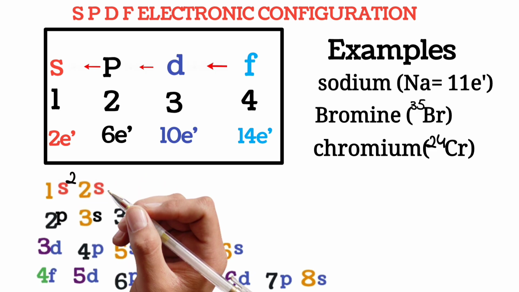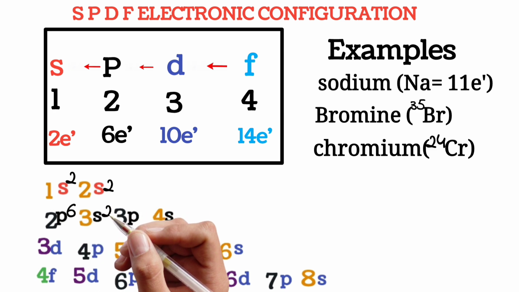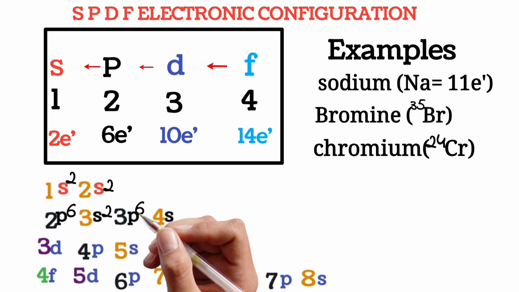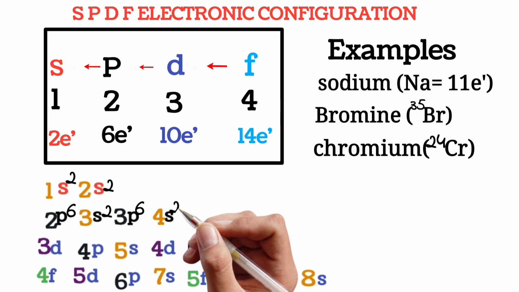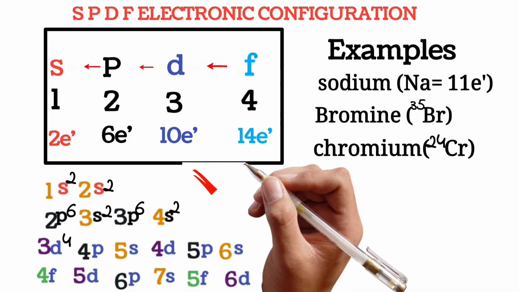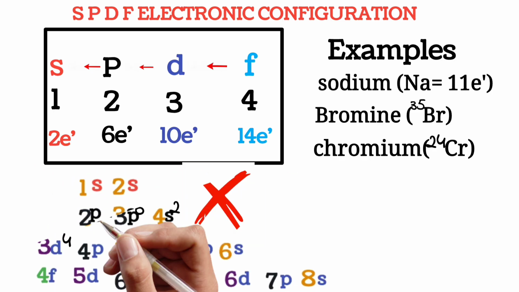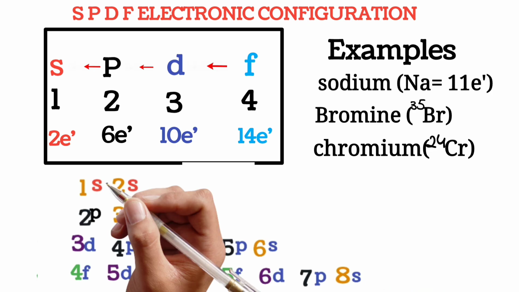Now we are filling our electrons. 1s2, 2s2, 2p6, 3s2, 3p6, 4s2, and 3d4. Normally, this is what we expect, but guys, it is wrong. It is not correct, and I'm going to explain why. But first, let's have the correct one.